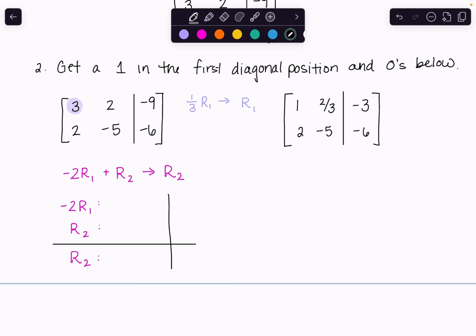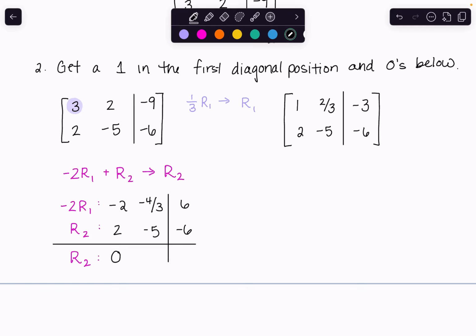And then we need that bar to indicate that equal sign. So if I take this row and I times it by -2, that would give me -2, -4/3, +6. And then we're doing nothing with row 2. So adding these together gives me 0.